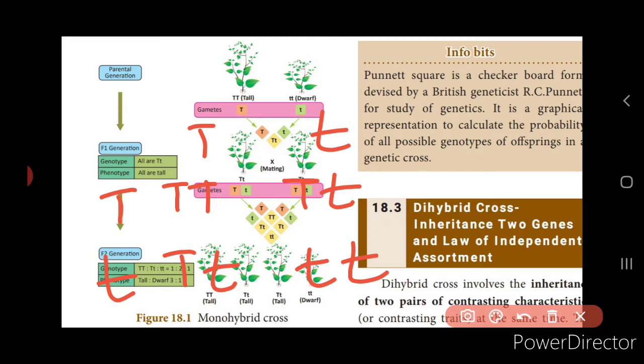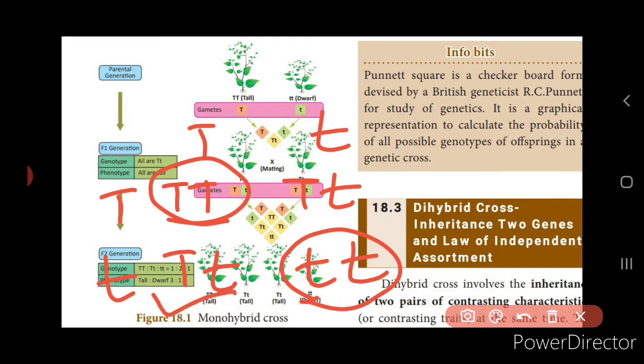Now here this is the tall homozygous, isn't it? So both the dominant characters are together. And this is the dwarf homozygous, where both the recessive characters are combined here.